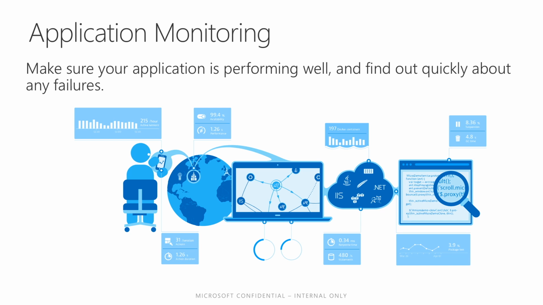But the main idea is we want to be able to monitor the application performance and make sure it's performing well, and also detect any failures or exceptions that do occur, find out quickly where exactly they happen inside your application, get straight to the bottom of it and fix the problem.